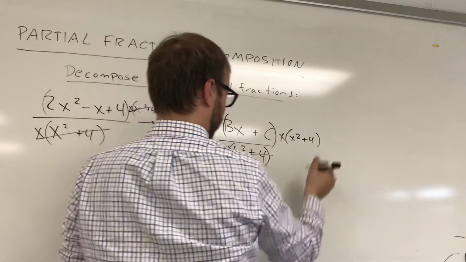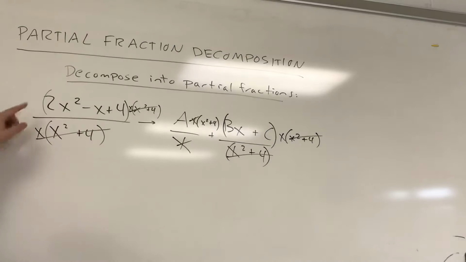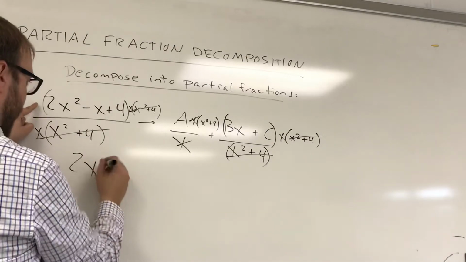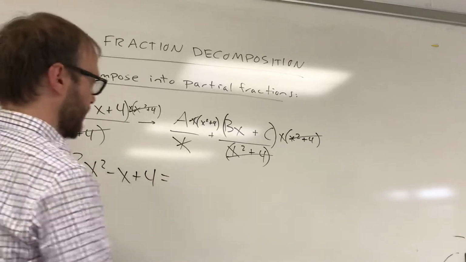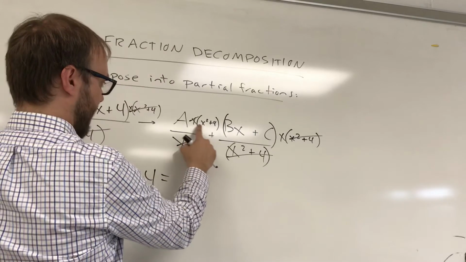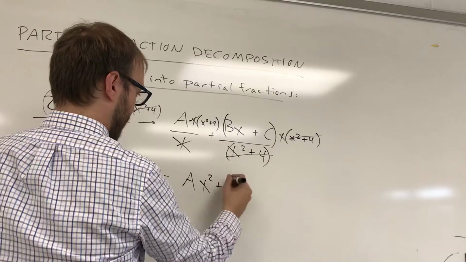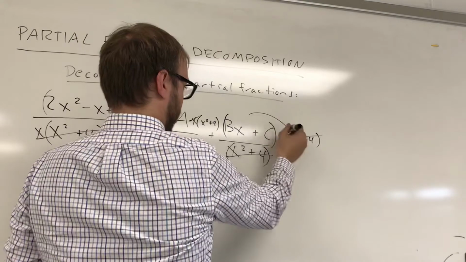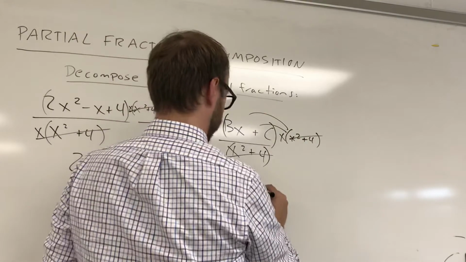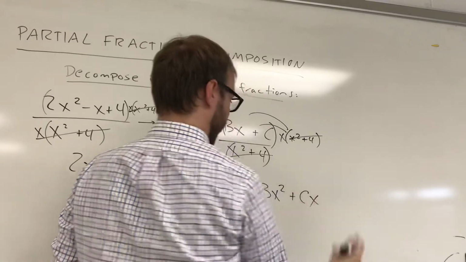That's going to knock out the x squared plus 4 term. So what do we end up with? Well, we're going to end up with 2x squared minus x plus 4. It's going to be equal to ax squared plus 4a here. Here, you're going to have an x being multiplied by each of these terms. So you're going to have a bx squared plus cx, okay?